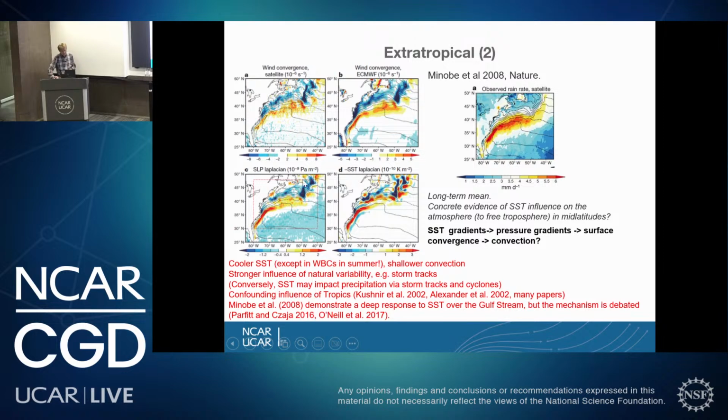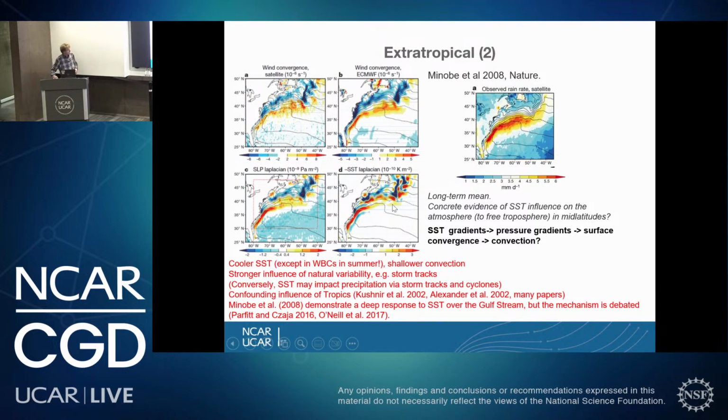And it related to the Laplacian or curvature of sea level pressure, and also related to the Laplacian of sea surface temperature. Part of this paper was an argument that the Laplacian of sea surface temperature was important in driving this convergence. It was mainly based on a spatial resemblance between these maps.